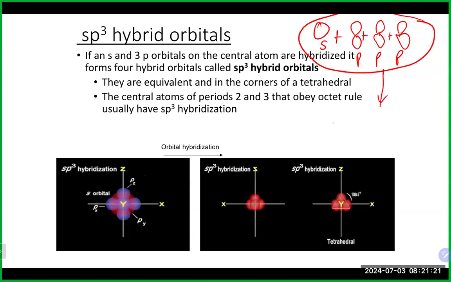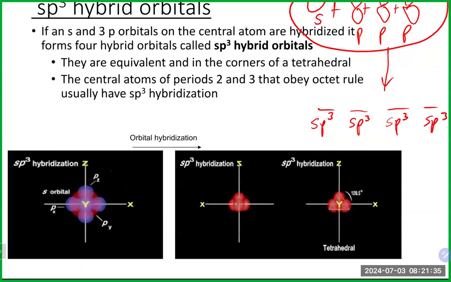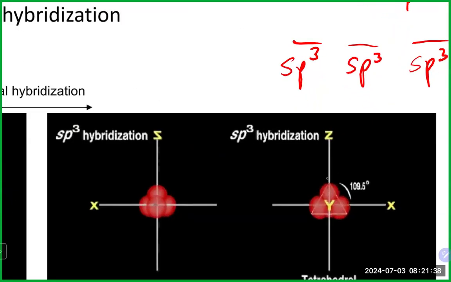That's going to result in 1, 2, 3, 4 hybrid orbitals, which are known as sp3 hybrid orbitals. As you can see here, 1, 2, 3, and 4, it's going to have a bond angle of 109.5 degrees.